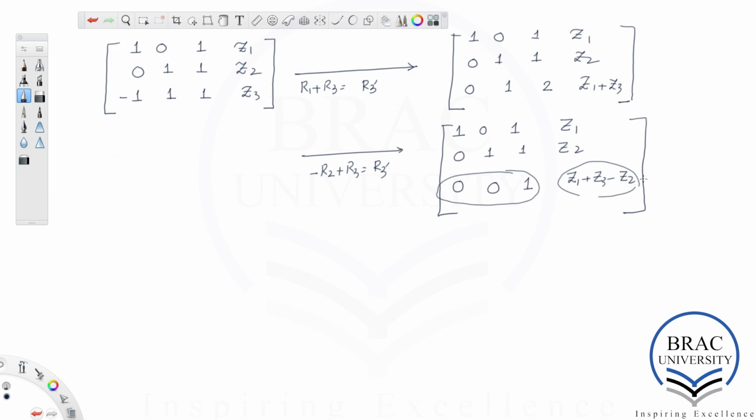But here, since we don't have all these entries to be 0, in particular the last entry here is non-zero, the system is always consistent.